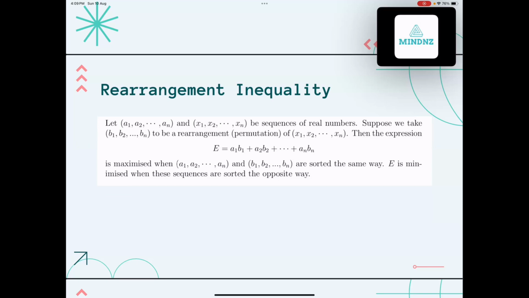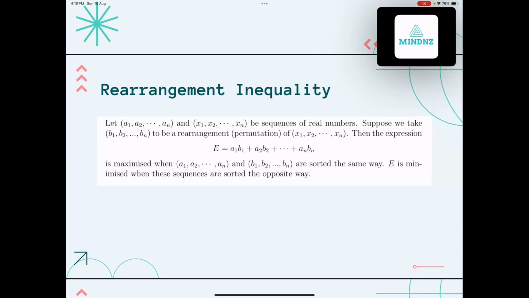Then the expression E is maximized when the two sequences are sorted the same way. That is, the largest number from one sequence is multiplied by the largest number of the other sequence. The second largest is multiplied by the second largest of the other sequence, and all the way down until the smallest one is multiplied by the smallest number of the other sequence. That is how you would get the maximum.